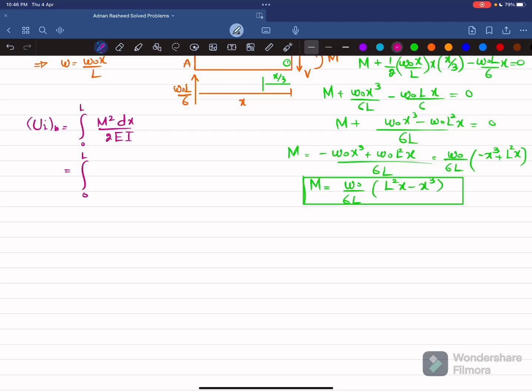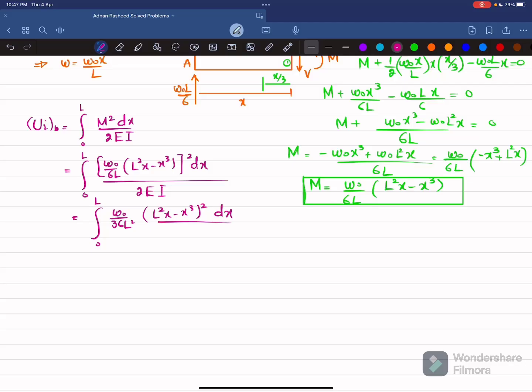So moment is W naught over 6L into L square x minus x cube, and we will take the square into dx divided by 2EI. So integral of 0 to L, it will be W naught over 36L square into L square x minus x cube whole square into dx divided by 2EI.